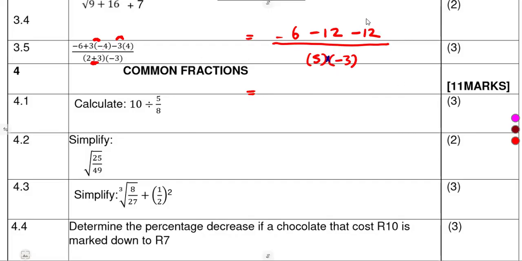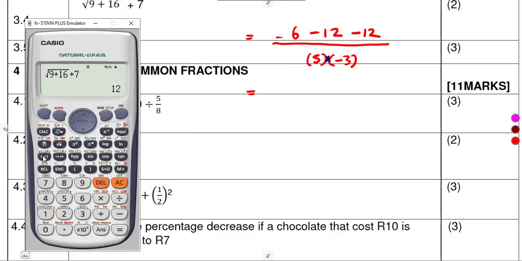So for the numerator, just simplify, collect your like terms. Combine these numbers together. You can even use your calculator, or just combine minus 6, minus 12, that's minus 18. Then minus 18 minus 12, which is minus 30. Or you can use your calculator there, minus 6 minus 12 minus 12, like this, minus 30.